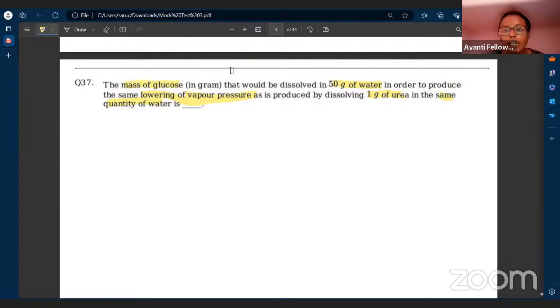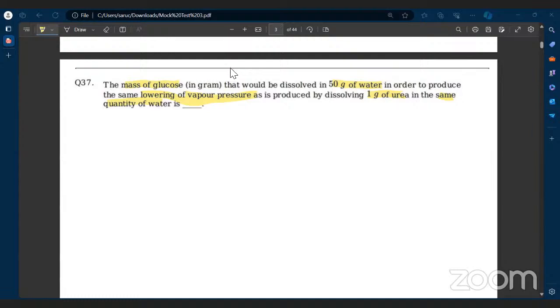What approach will you use, what formula will you use, and which chapter is this question from? Here you know three things: the mass of water for both, and the mass of one solute, urea.